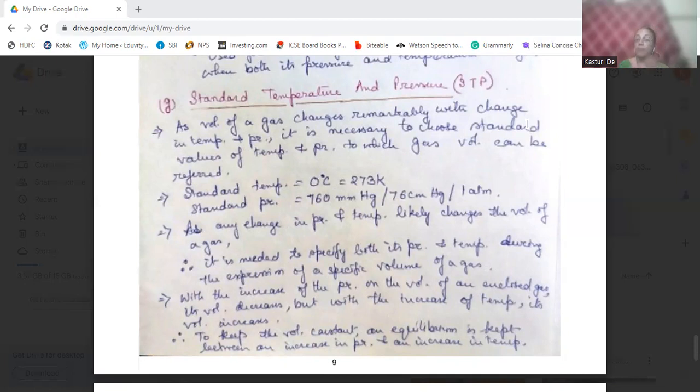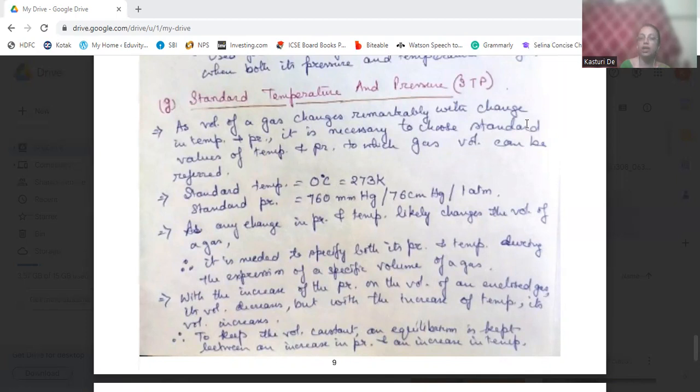So when we express a specific volume of gas, we need to mention what its temperature and pressure are.